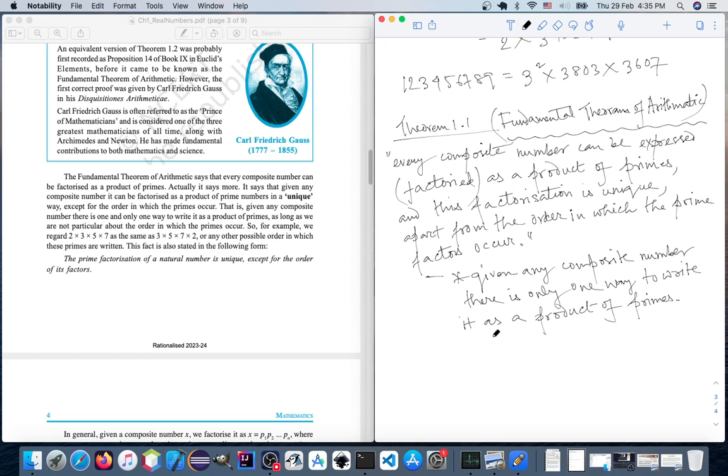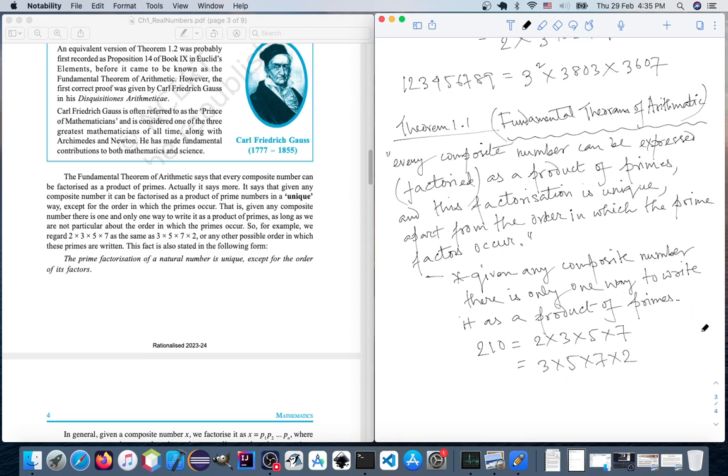For example, if we factorize the composite number 210, what will it be? 2 into 3 into 5 into 7. No, 6, 30, yes. Now, someone may factorize this 210 as 3 into 5 into 7 into 2.